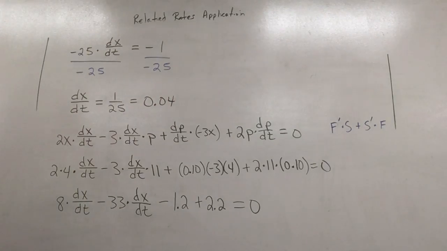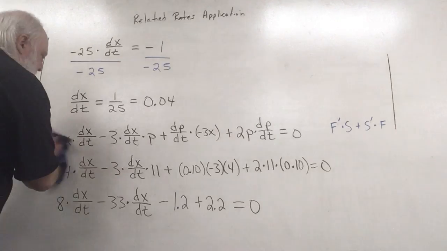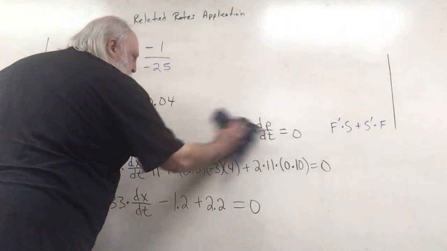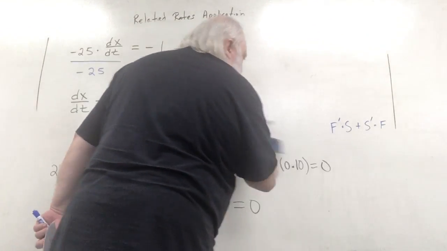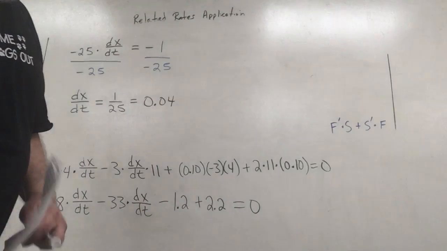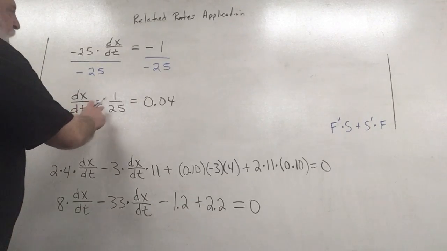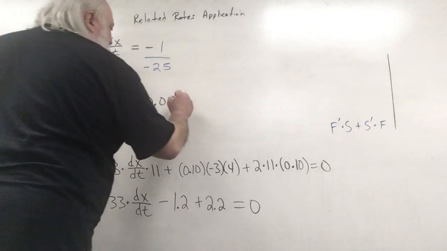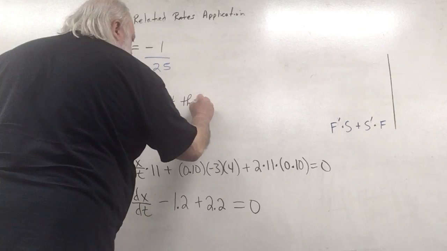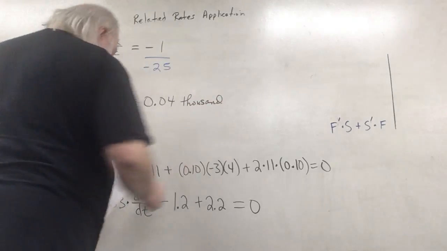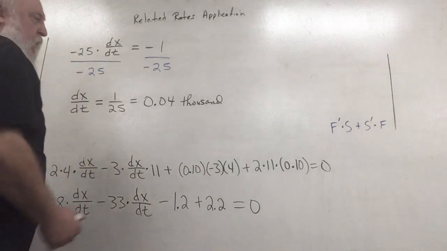0.04, but the derivative of x with respect to time is a rate of change. It's just like the speed, a velocity. It's got to have units. And the units are something per something else. Well, remember x is in thousands, so this is 0.04 thousand. 0.04 thousand what?